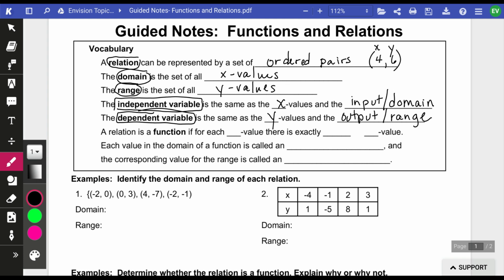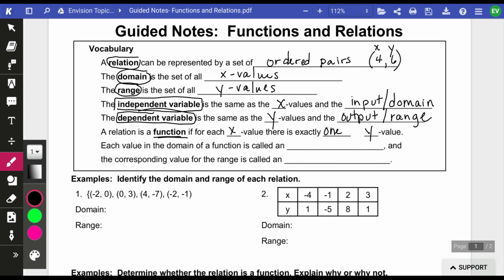with functions and relations. A relation is a function if for each x value there is exactly one y value. So a function is different.